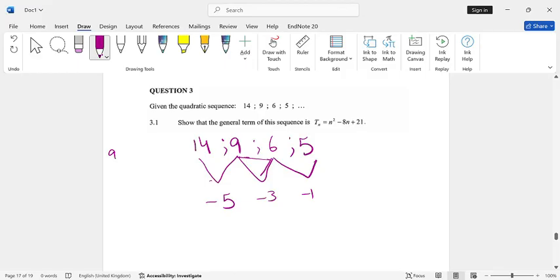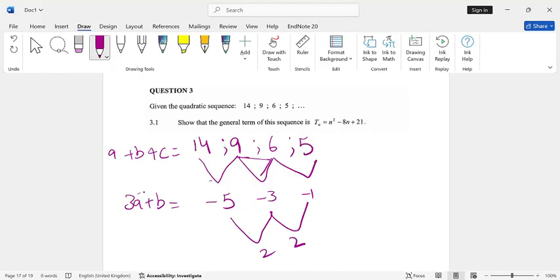So I can say this is C, and this is like 3A plus B, okay? And if I take the difference of these values, it becomes 2, all right? So we have to find out the difference.